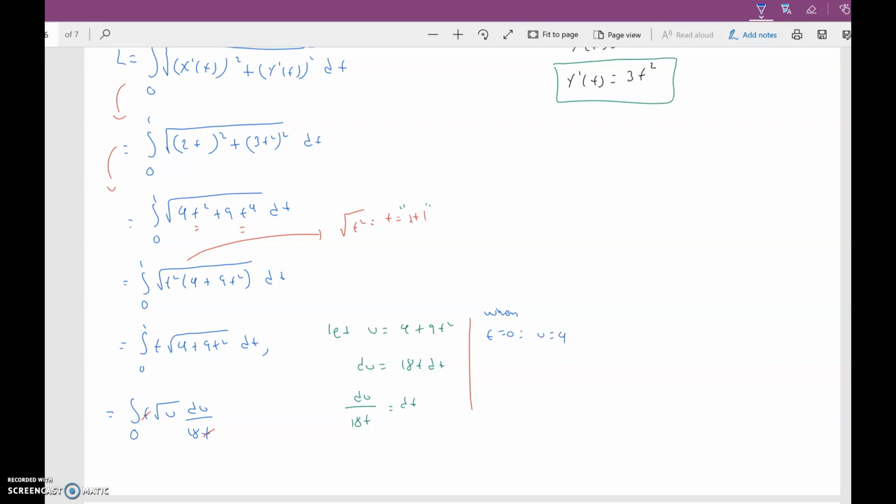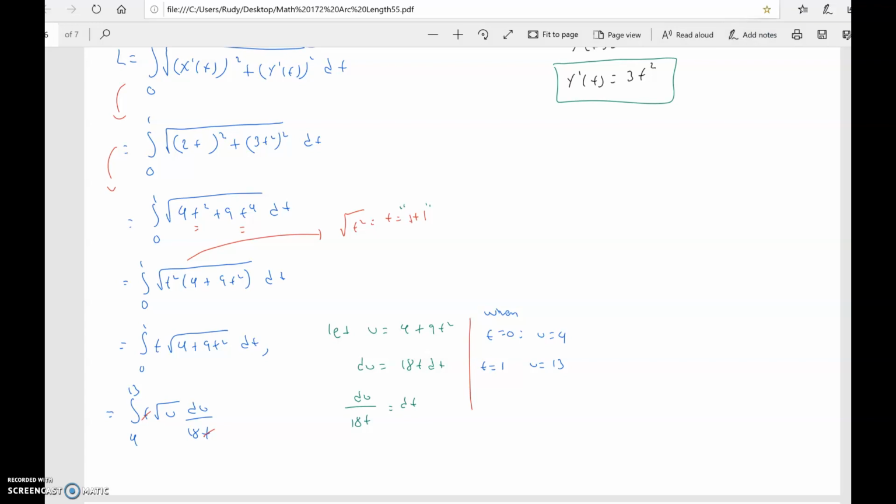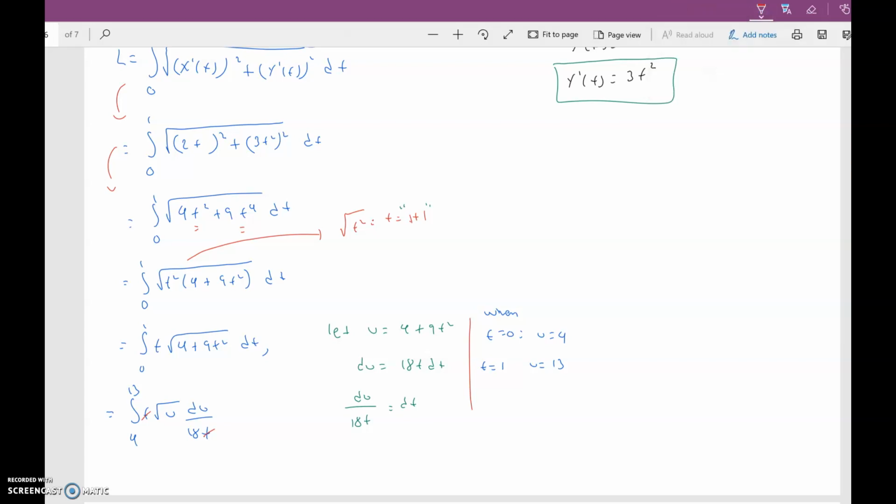So this one's going to go from 4, and t equal to 1, u is equal to, well, technically 13. Let me see. Wait, I wrote it, I meant 4. Okay, so let's actually simplify it as much as we can.